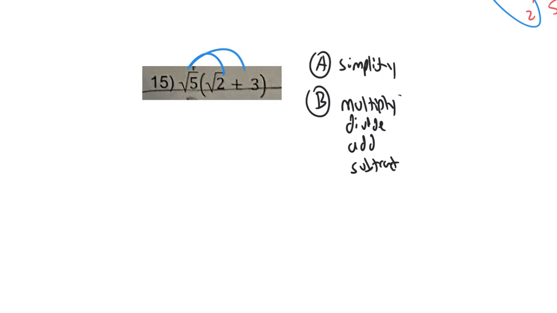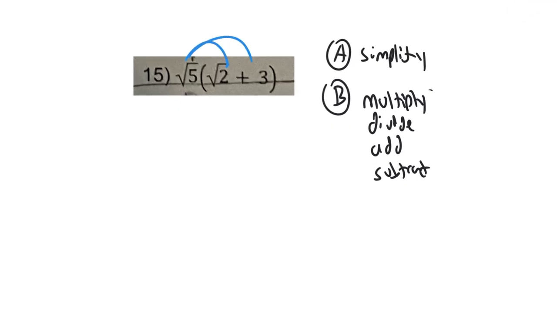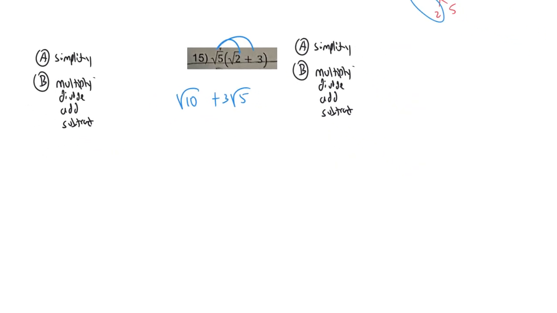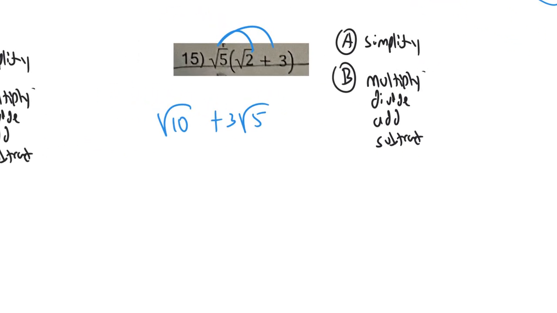So we will be distributing that radical 5 in there, and that radical 5 times radical 2 is radical 10, and radical 5 times 3 is plus 3 radical 5. And then multiply, divide, add, subtract. Well, there's really nothing else to do there. Okay. So we're actually done with that one, believe it or not.